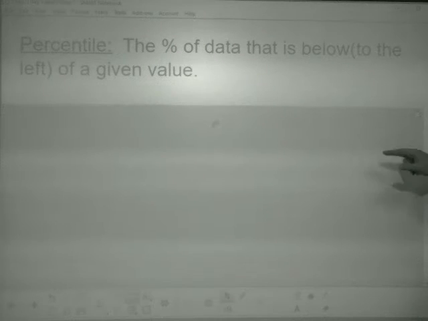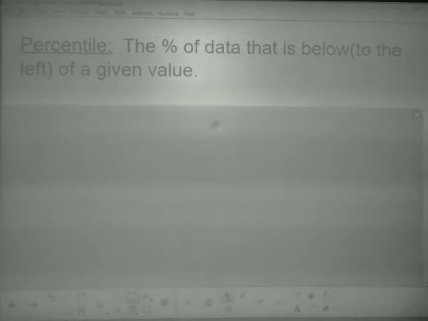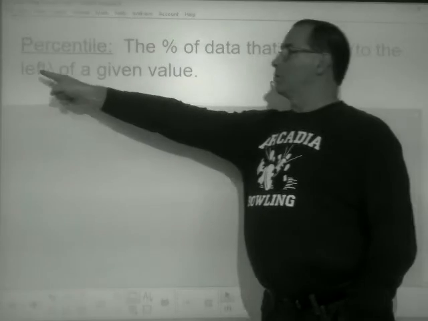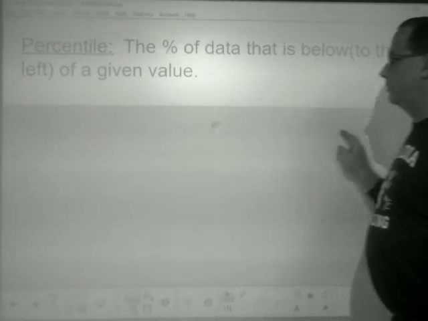So here's some questions that we can ask. All right, so definition, first of all, percentile. Percentile is a word that you're going to hear as you go through your life. It is the percent of data that is below or on the graph to the left of a given value.